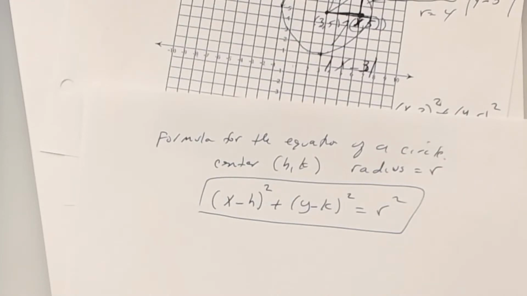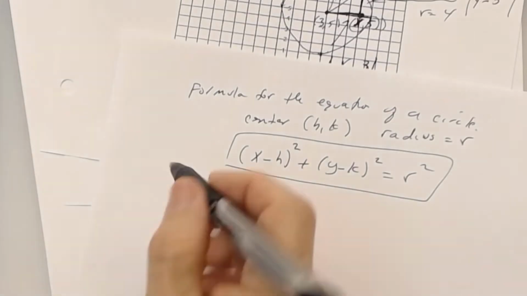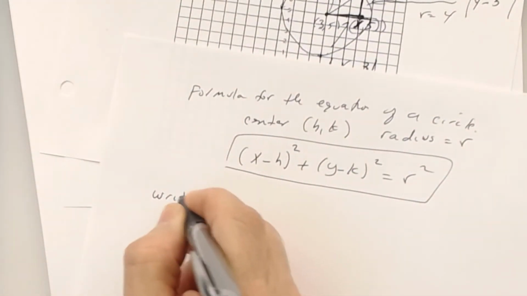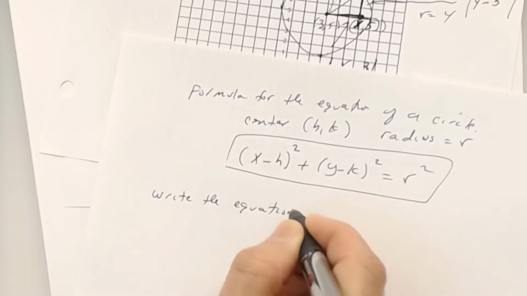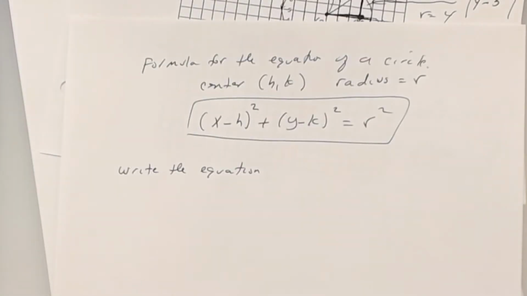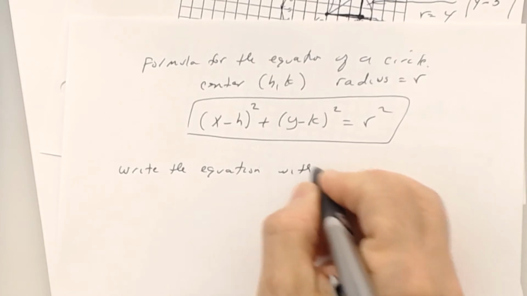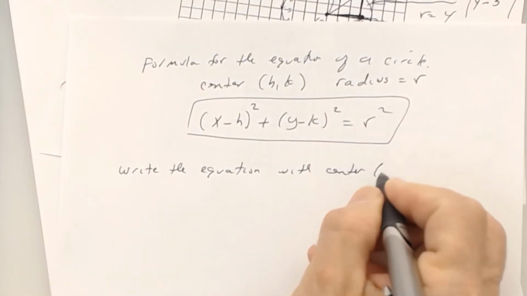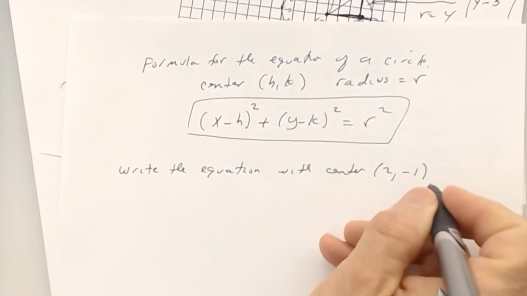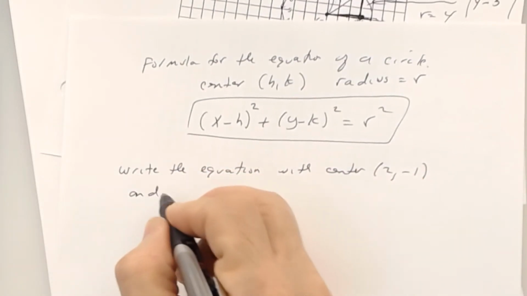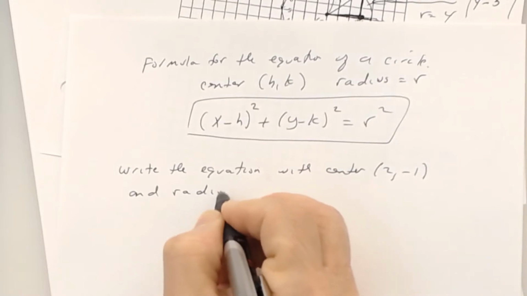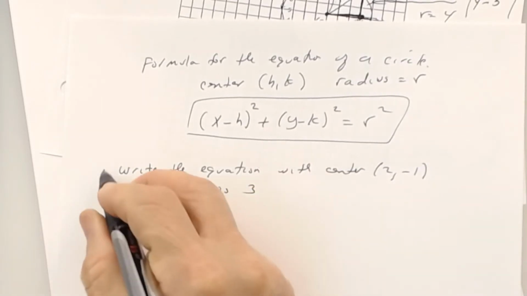All right, okay. So let's write the equation of a circle. Number 1.